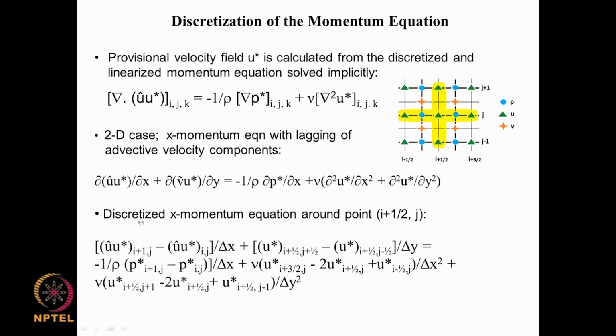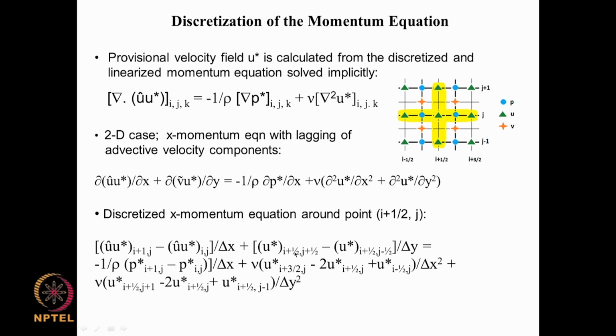Okay, so we express it like this, and we then evaluate what this u tilde at i plus 1 j is, and i plus 1 j is this particular point here. At this point, if we want to find u tilde here, we take this to be the average of the two neighboring values of u that is available. And similarly, this term is coming from dou by dou y.